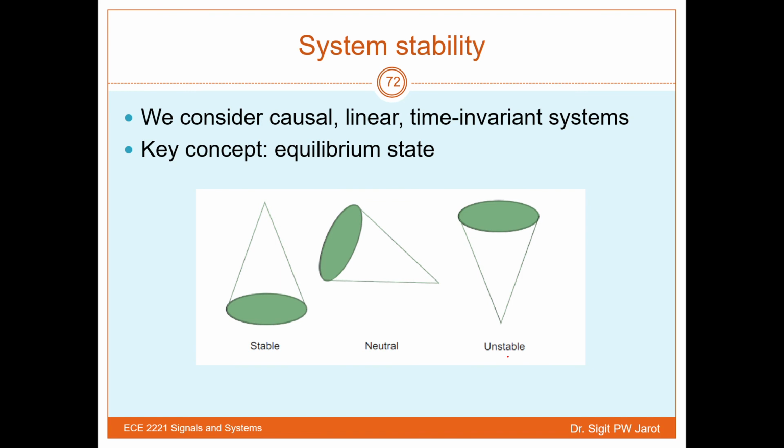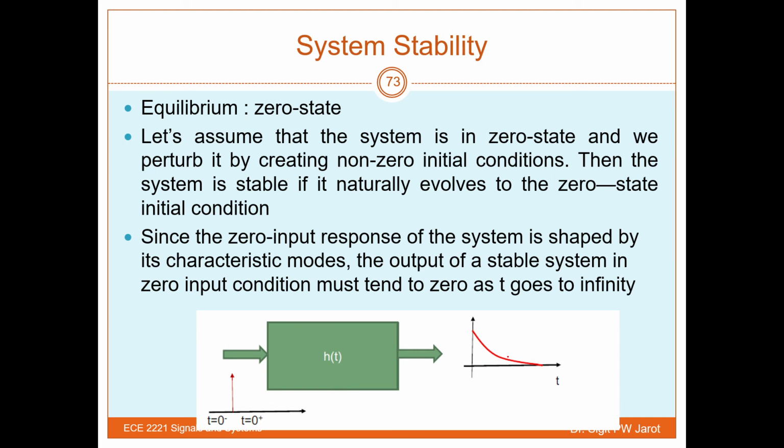Alright, if we want to consider a system to be stable, we should see whether it is causal, linear and time invariant. If we have this kind of system, we will assume the system is stable, or in an equilibrium state. To check whether the system is stable, it has to be in the zero state.